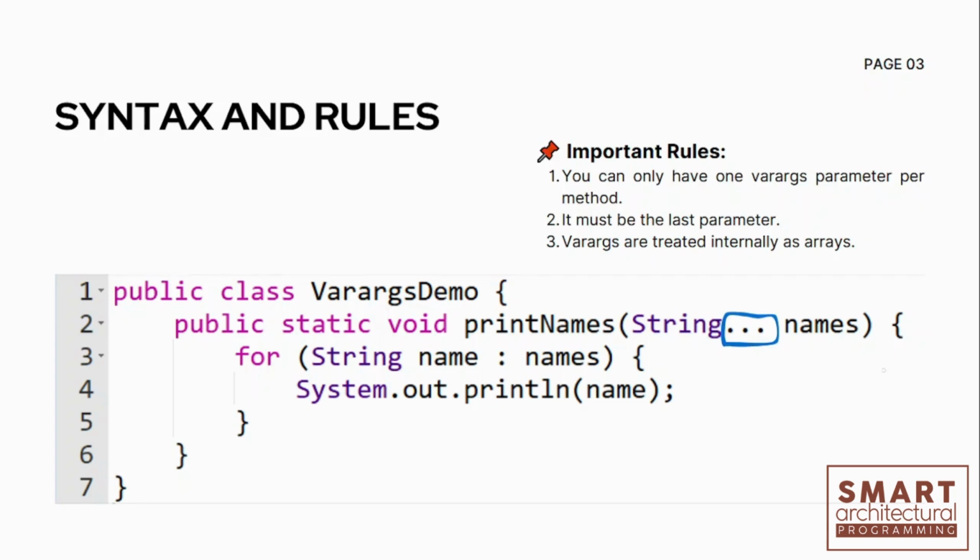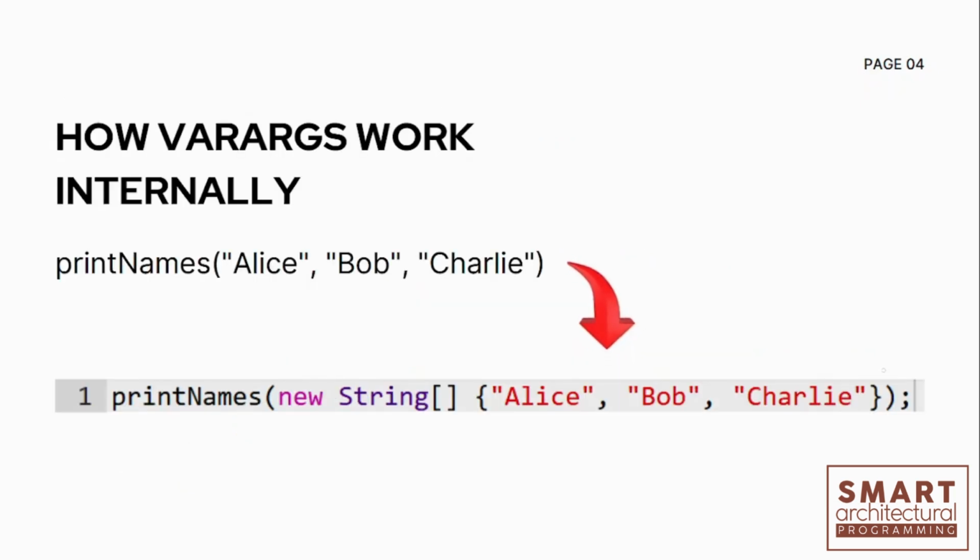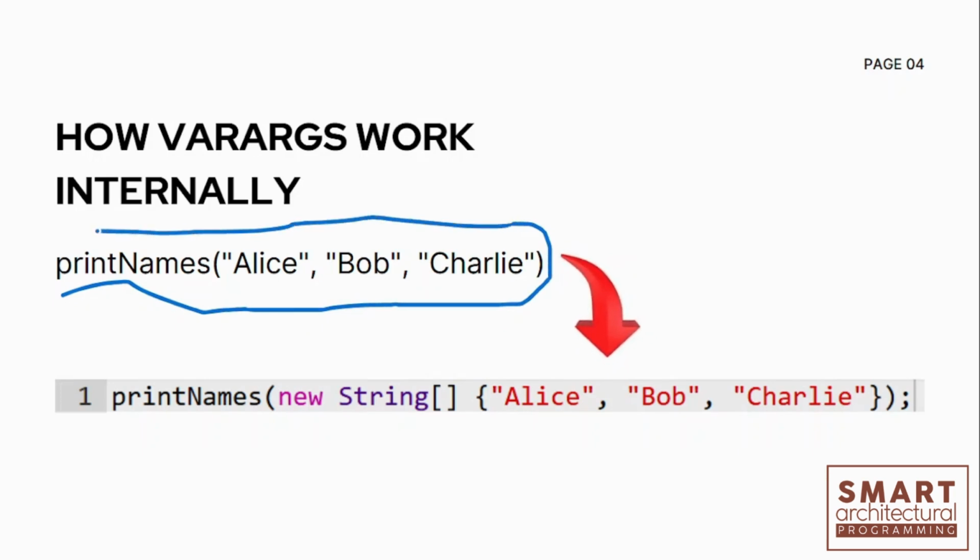So the third thing we need to understand is how varargs work internally. If you see my screen here, you'll notice that internally varargs are just arrays, as I mentioned earlier. So when we call print names, we have the names Alice, Bob, and Charlie, as you can see here. We run this code in Java.